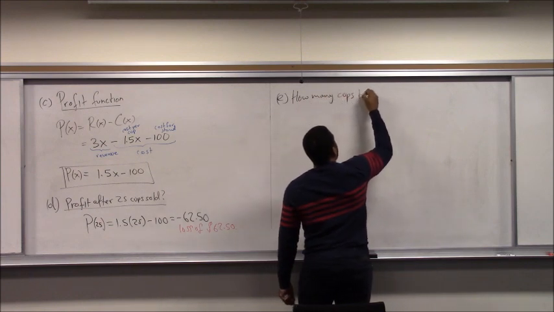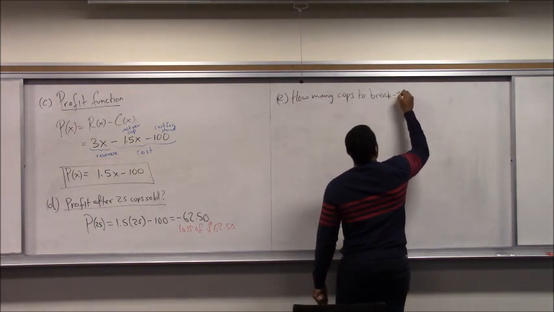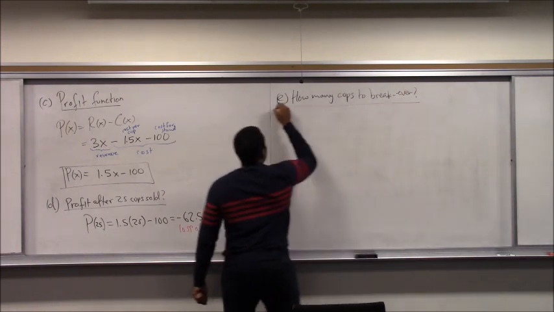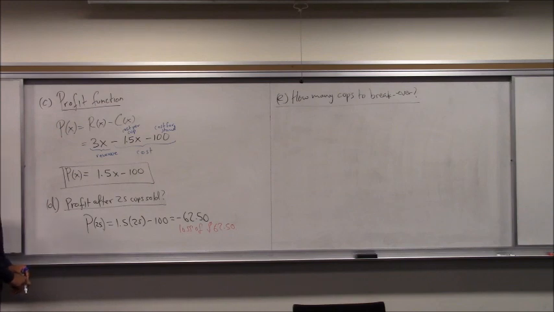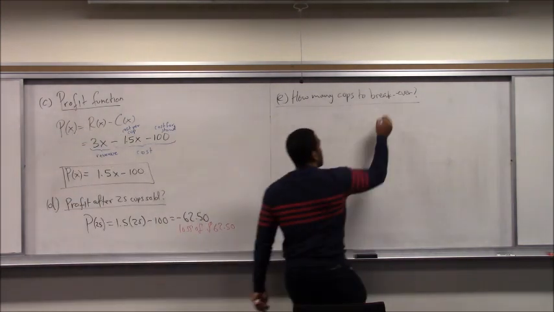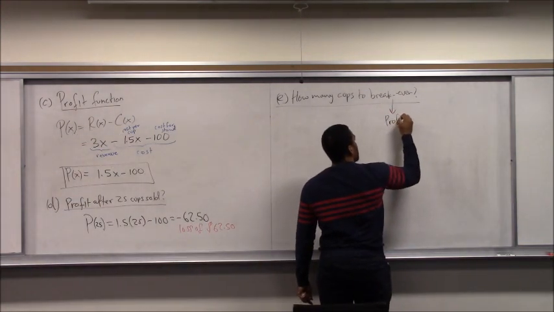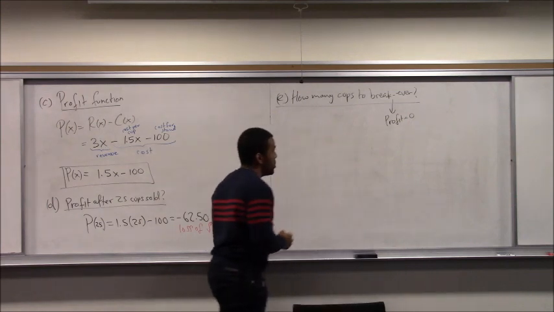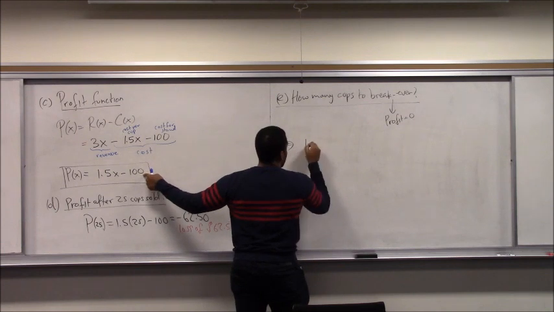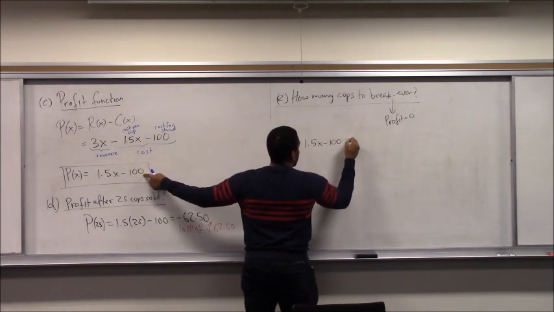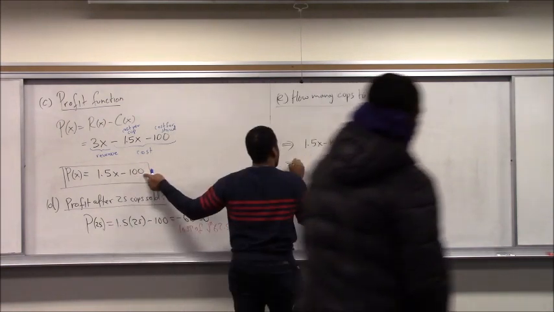How many cups to break even? Could you set the function to 0? Which function? The 1.5x function. Okay, break even, again, we know this means profit equals 0, or you can think of it as revenue equals cost. Either way, what you can do is set this equal to 0: 1.5x minus 100 equals 0.